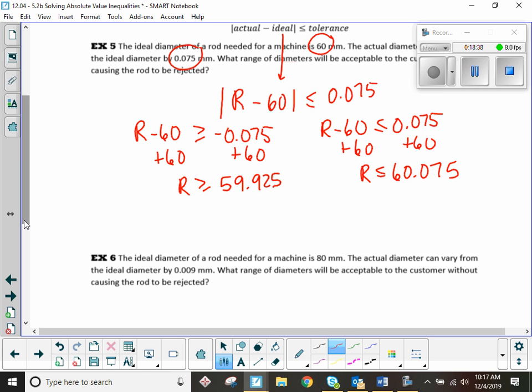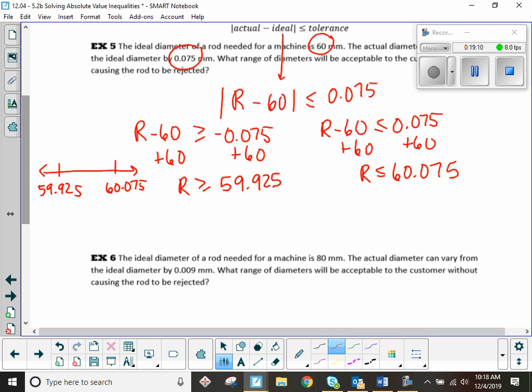And then I had the question, how do you know if it's an and or an or? Okay, if it's going towards or away. I always recommend, and I tell this to my college algebra students as well, if you can't tell automatically off the top of your head, you draw a picture. The picture is the number line, okay? 59.925 is here. 60.075 is here.